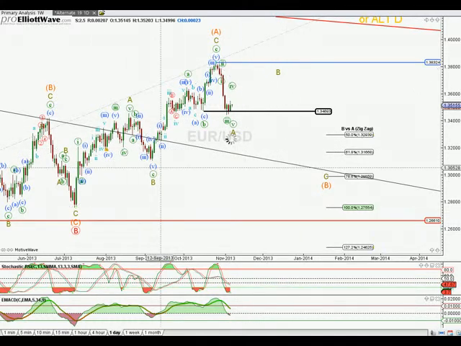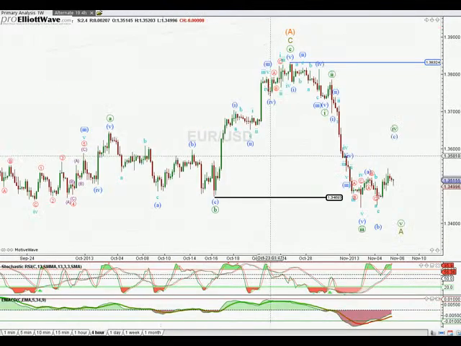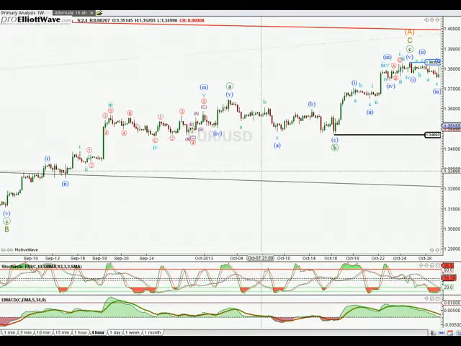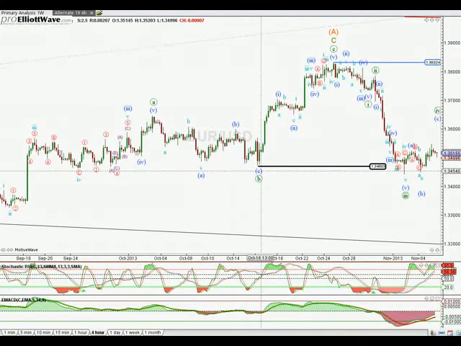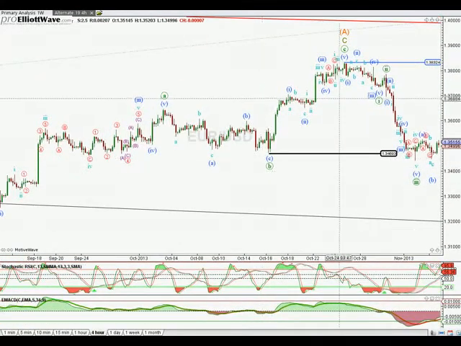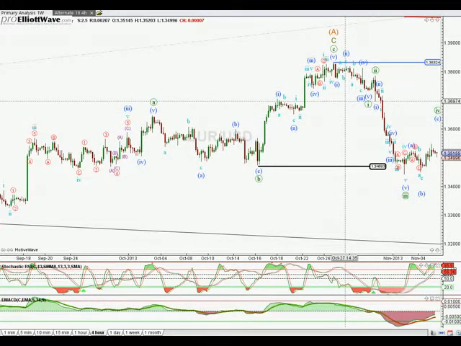Zooming in to the 4 hour, I'm going to pause the video till this comes up. Okay, right back up. This pattern was ended last week, which we called almost by a few pips here and there.